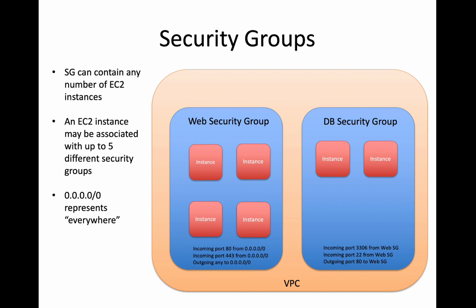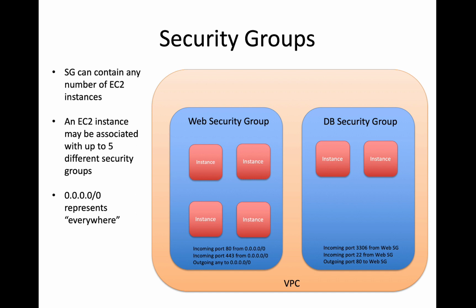So when you set up an EC2 instance, the instance has to be associated with at least one security group. And an instance can actually be associated with multiple security groups, up to 5 different security groups at any time, which is very common.